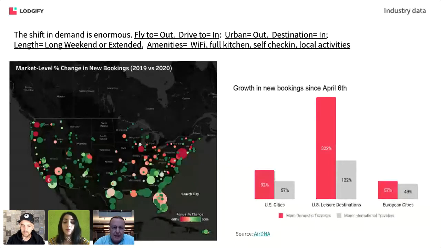And so a key part is urban has really decreased, as you see, by US cities, and the same applies in Europe, whereas destination in the country, whether it's the Poconos or the Blue Ridge Mountains or Sedona in Arizona, have just increased immensely. So you need to take into consideration, what is the demand of your general location, not at a national level or state, but actually at a locality level overall.